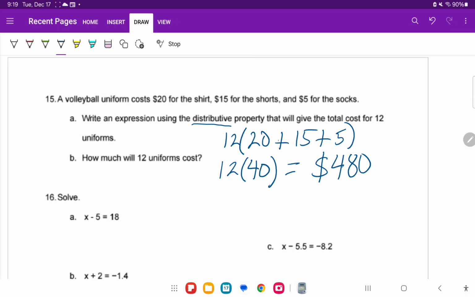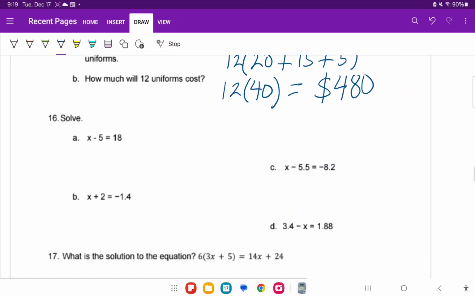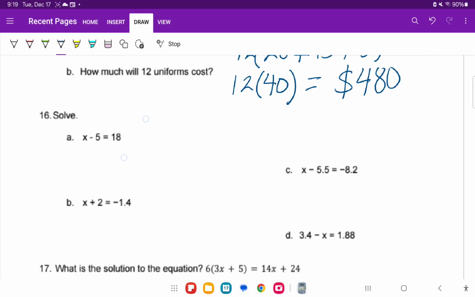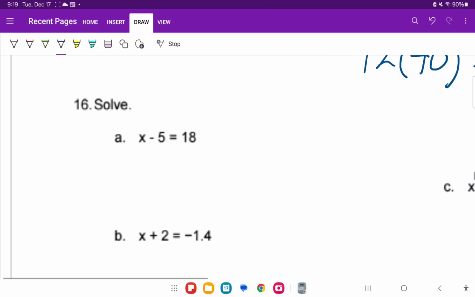Okay, so on number 16, these 4 parts here are just our basic algebraic properties that we're using here. Okay, so right here, since that is a minus, the opposite of that is to add 5 to both sides.